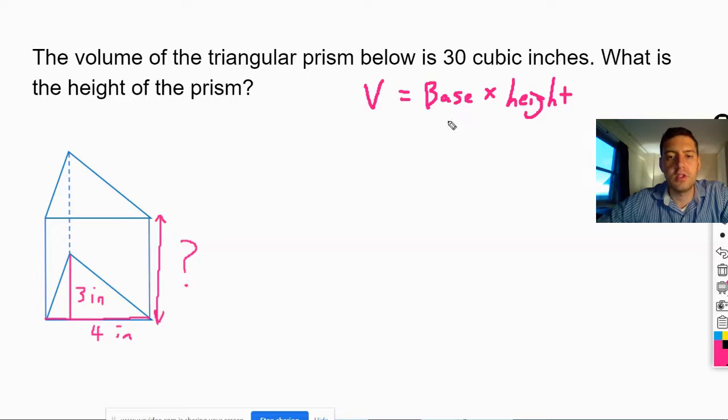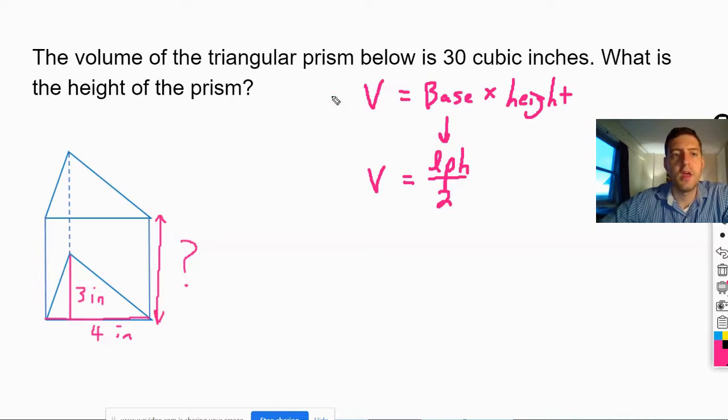So I'm just going to write 1/2 times L times P, or in other words, L times P divided by 2. Okay, and then times the height, so times H, but I'm just going to put that in the numerator. You don't have to, it doesn't really matter. And then we'll just plug in what we know and solve for what we're looking for.